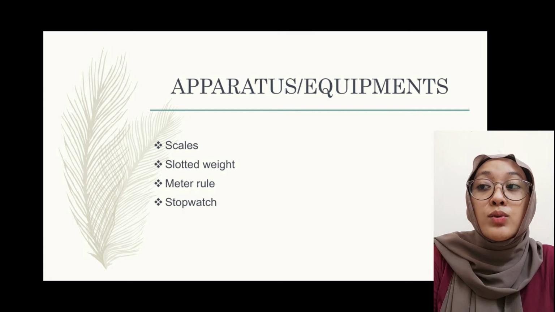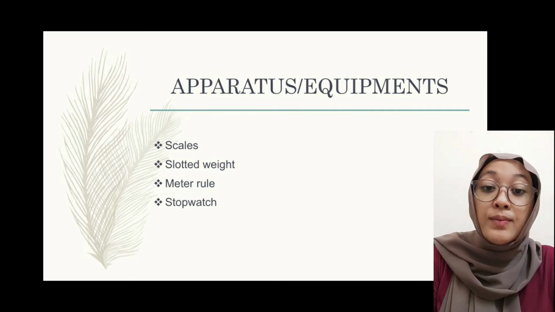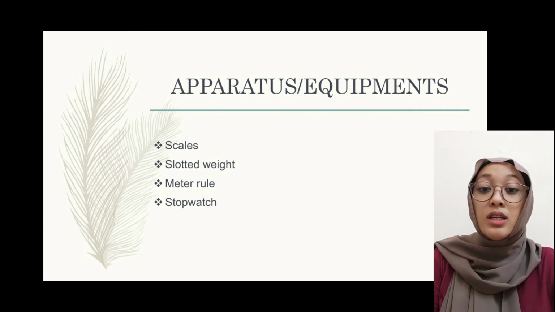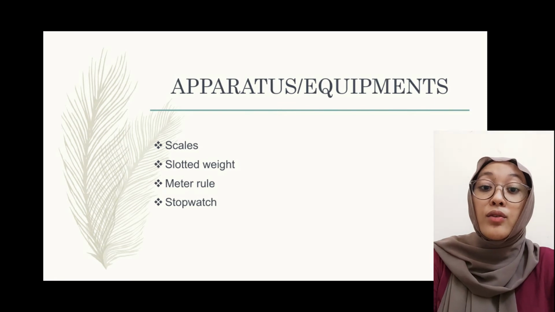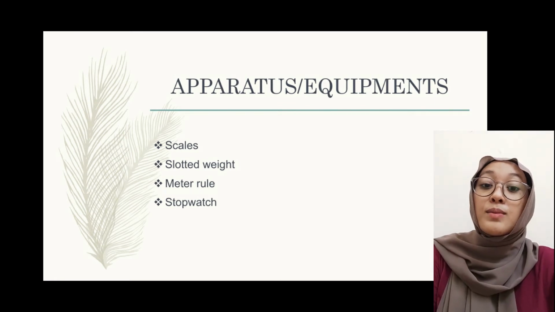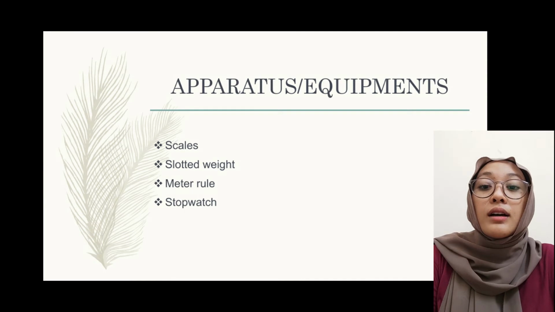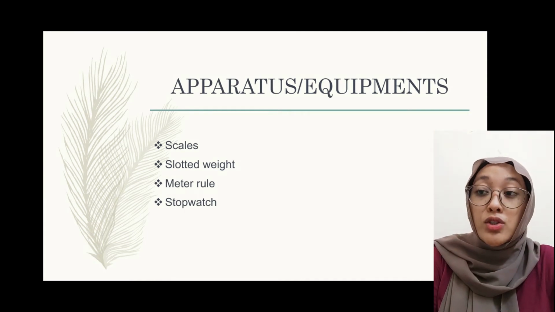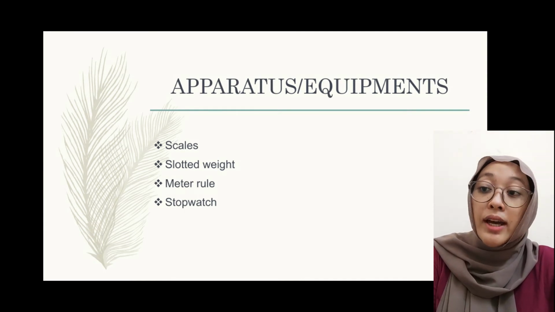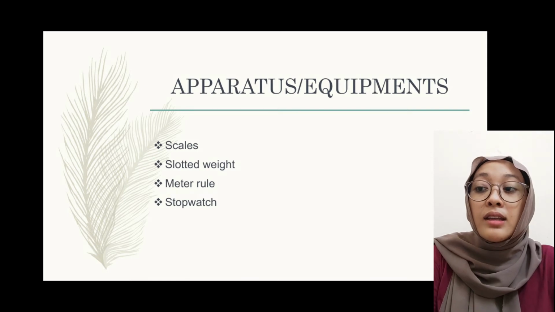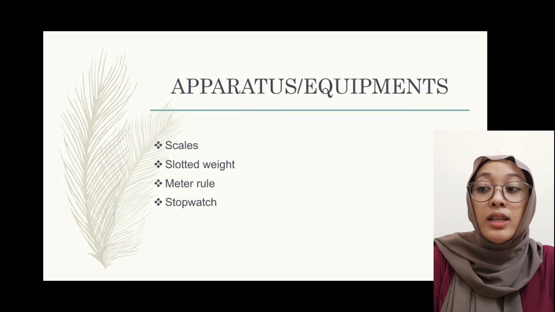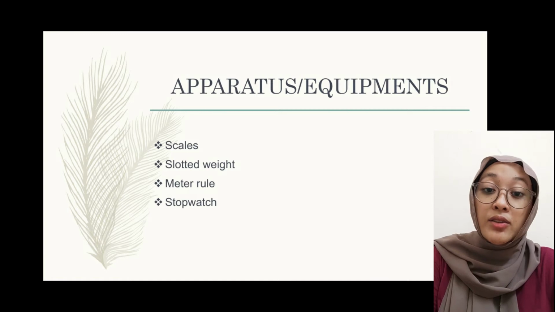Third, we use the meter ruler. The function of the meter ruler is to measure the length of an object. The last one, we use a stopwatch to measure the time that elapses between its activation and deactivation.